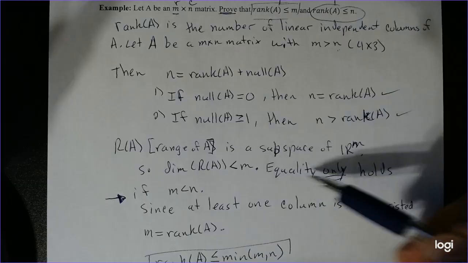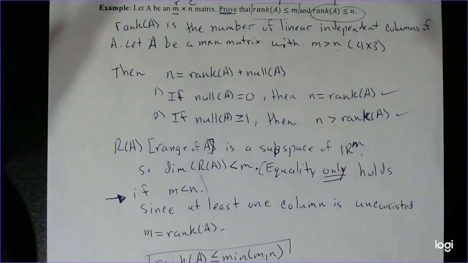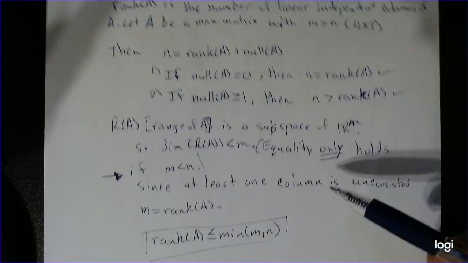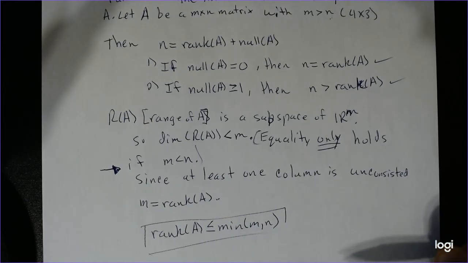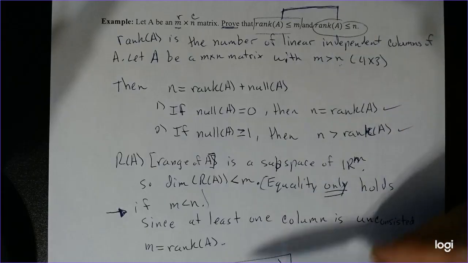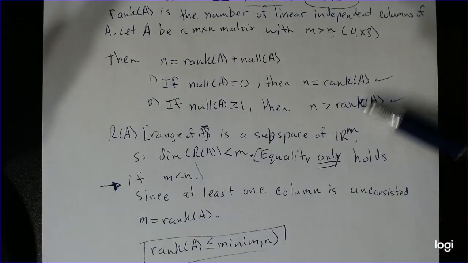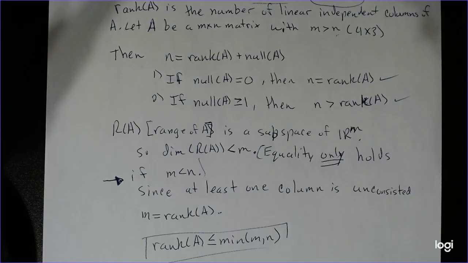But eventually, I was inspired to state this only, and then it made sense. Really, this is the question that should be asked: we want to prove that the rank of A is less than or equal to the minimum of m and n, and that means it automatically holds no matter what, without this special case.